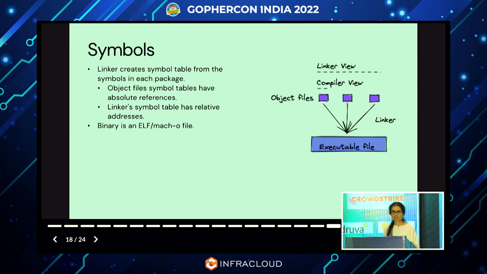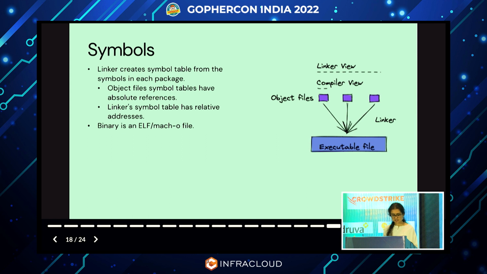So the binary is either in the ELF format, executable and linkable format on Linux, or Mach-O on Mac OS. And since packages are compiled separately, the modules in a package that are not local to the package or not defined in it are not handled by the compiler. Since it has no idea where these are, it's the linker's job to deal with them.